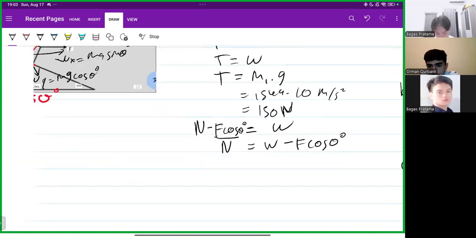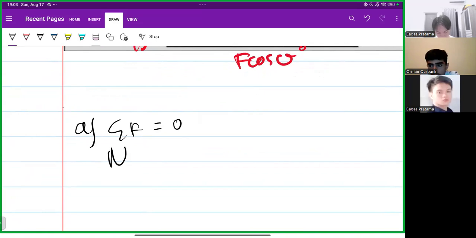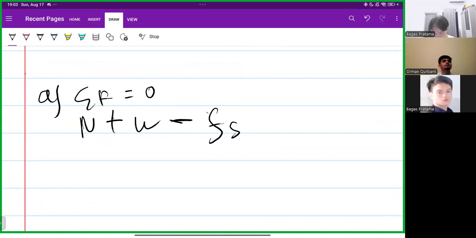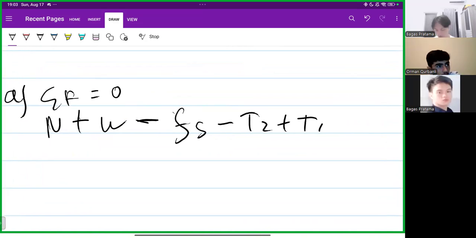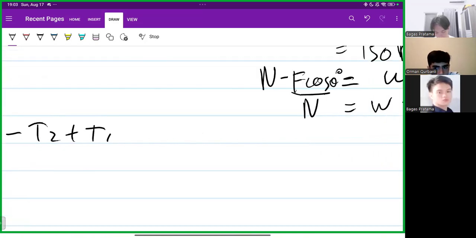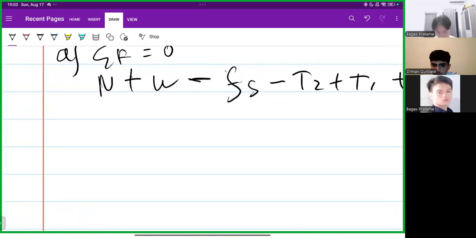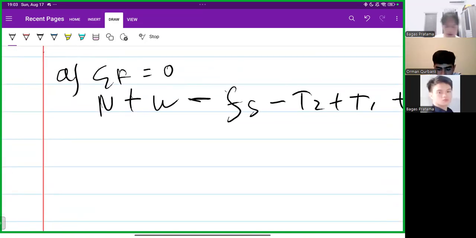Okay, then it will be clear. So normal force plus W minus friction static and minus T2 plus T1 plus M1G gravitation equals 0.